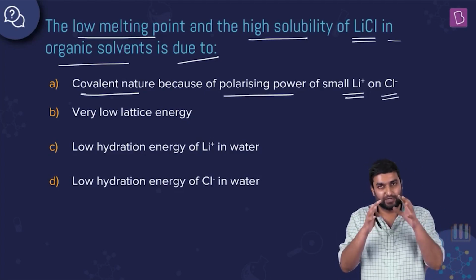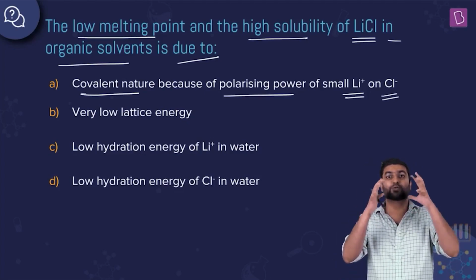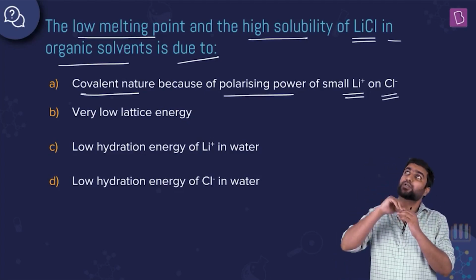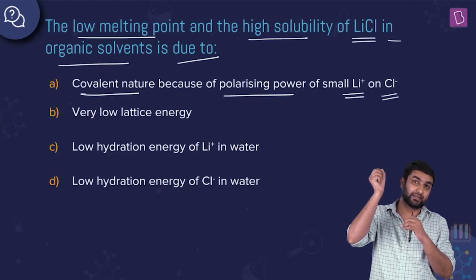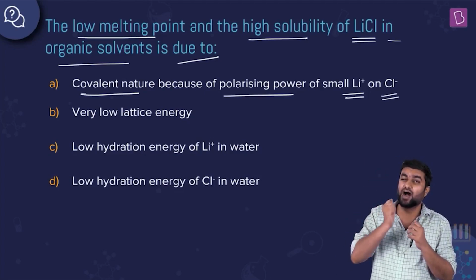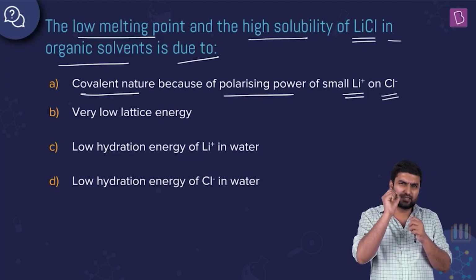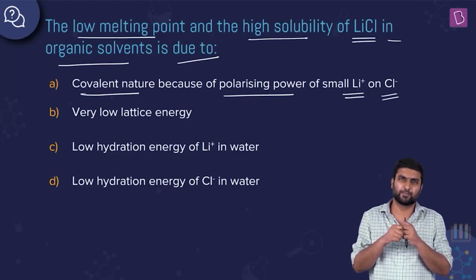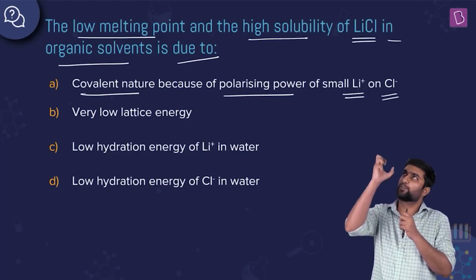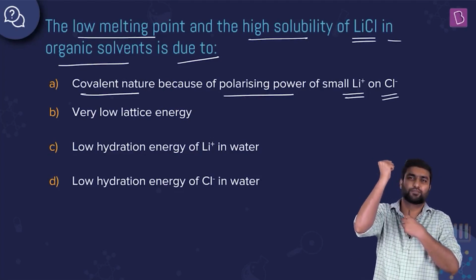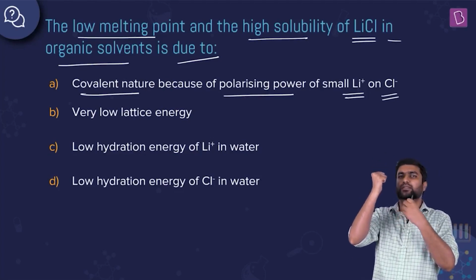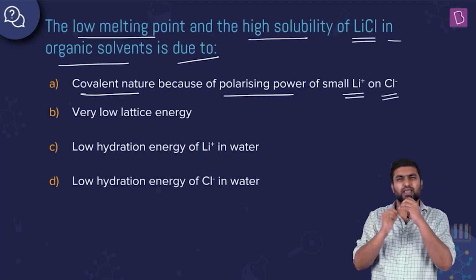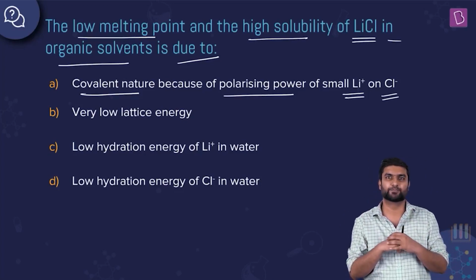So Cl- has become quite large. The outermost electron of Cl- is quite far away from the nucleus, so the nucleus's pull on the outermost electron is relatively weak.